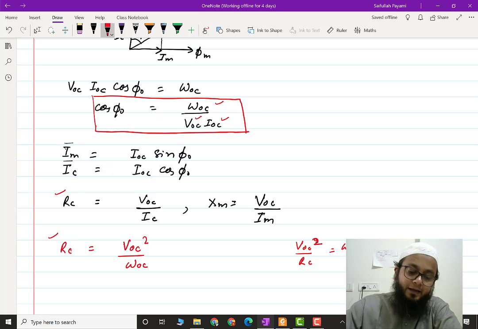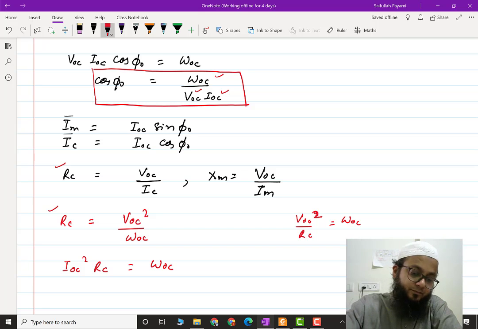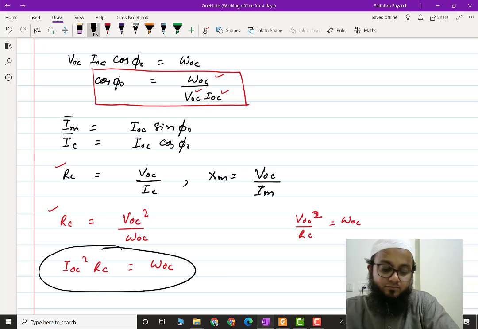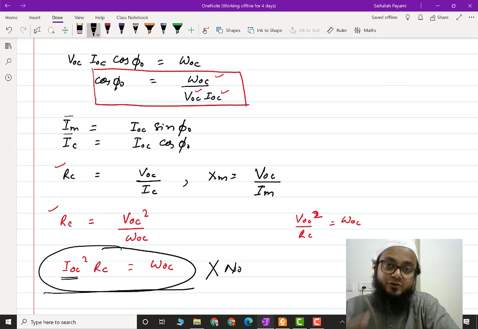But can we apply IOC whole square into RC is equal to WOC? Can we apply this? The answer is no, we cannot apply this. The reason is IOC has two components, IC as well as Im, the magnetizing current.